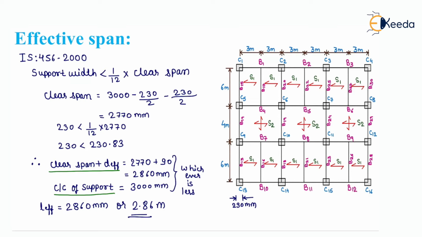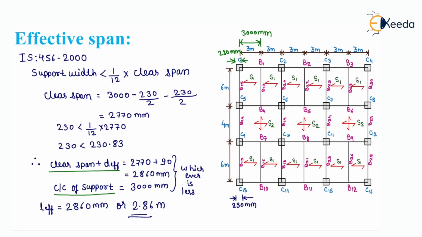Now we will calculate the clear span. Clear span will be calculated from this plan. We are given in this plan that the center to center distance is 3000 mm and the support width given in the question is 230 mm.